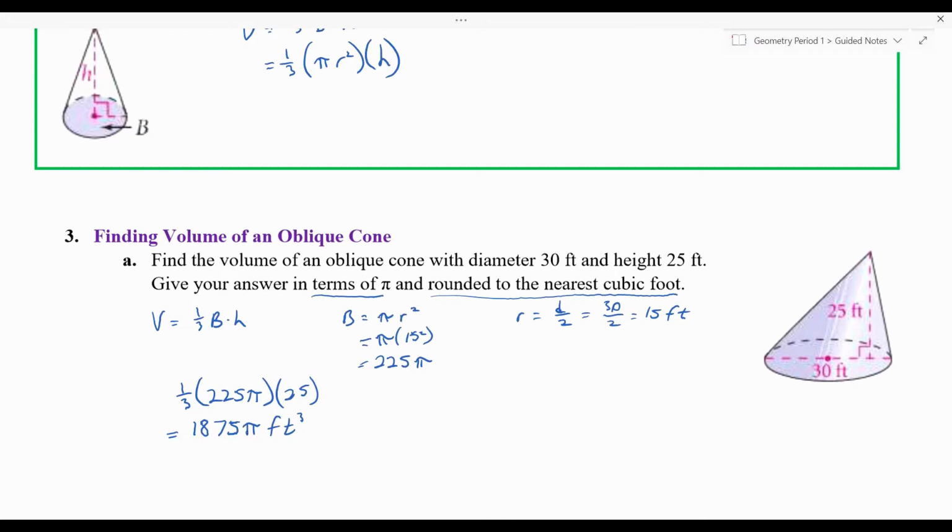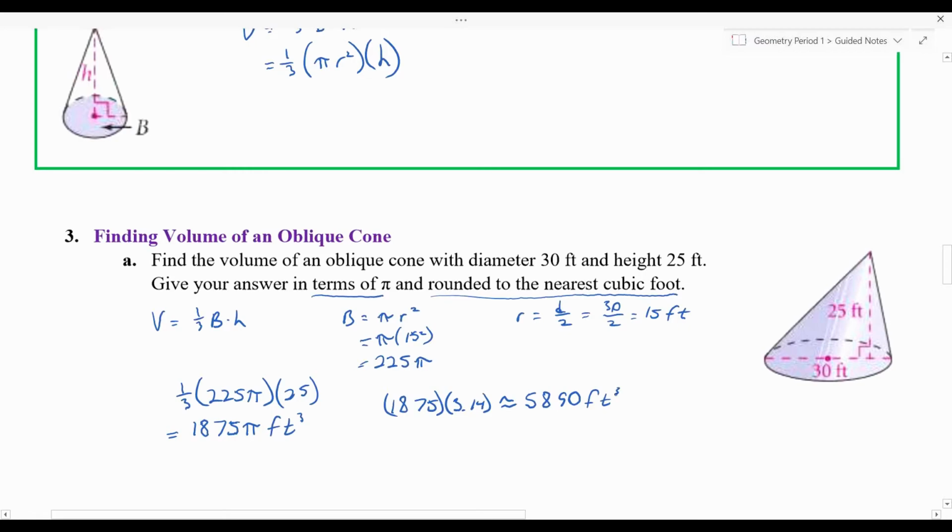Okay, so when we do this, we go ahead and take 1875 and we multiply that times 3.14. And when you multiply that, it comes out to be approximately, and always say approximately because pi is not an exact number, so it is approximately 5,890, and that is cubic feet.